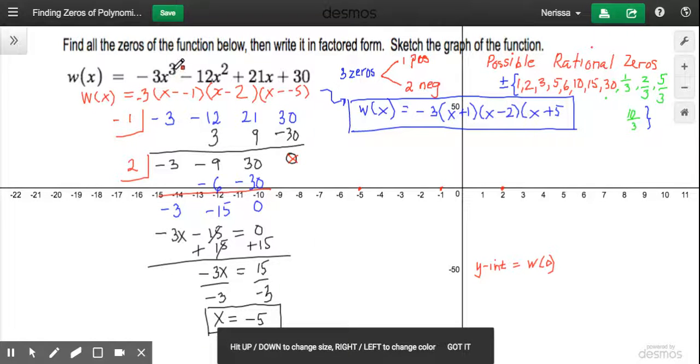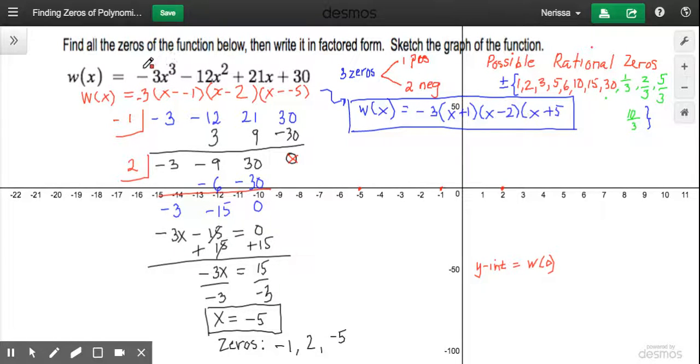And 0 to the third is 0 times negative 3 is 0. So this thing becomes 0 if x is 0. Now x squared, so this becomes 0 squared. 0 squared times negative 12 is 0. So this term becomes 0 also when x is 0. And here 21 times 0 becomes 0. Therefore, the y-intercept is 0 plus 0 plus 0 plus 30, which gives us 30. So the y-intercept is 30.